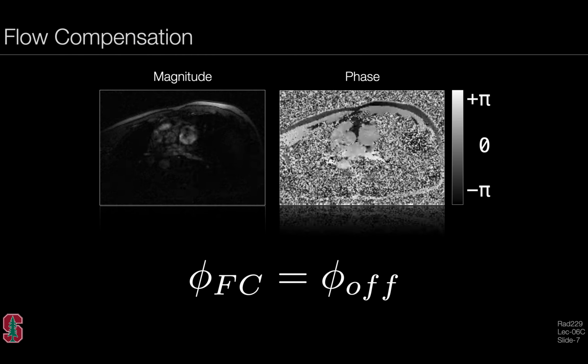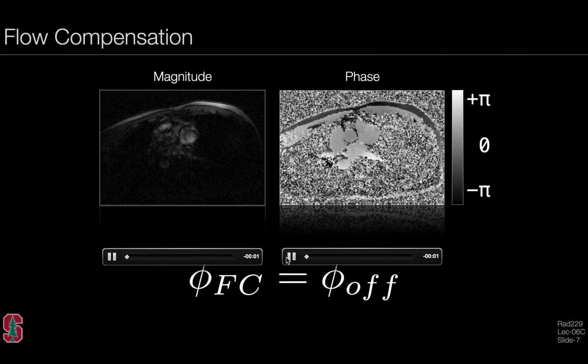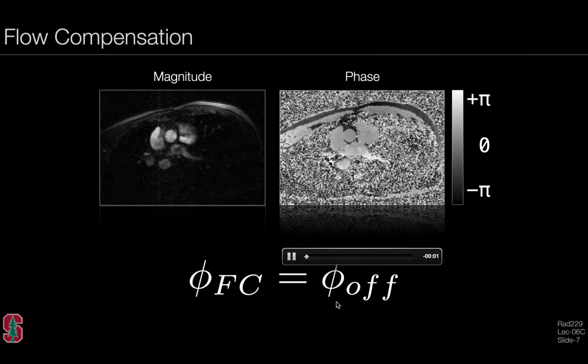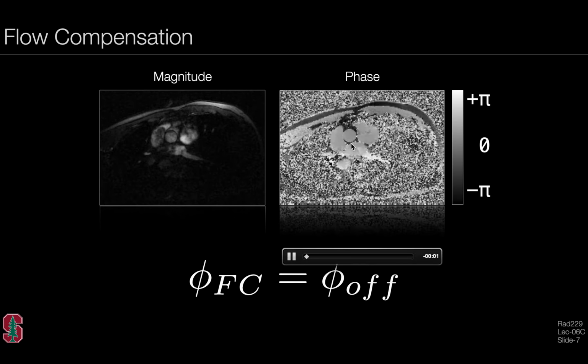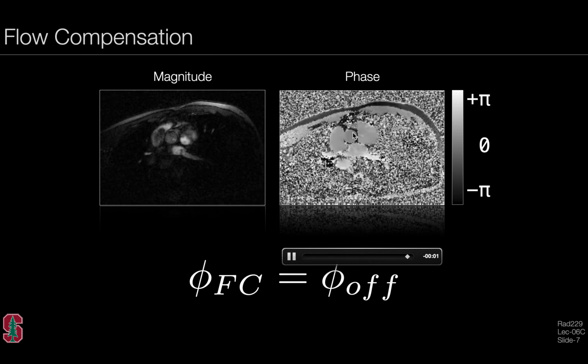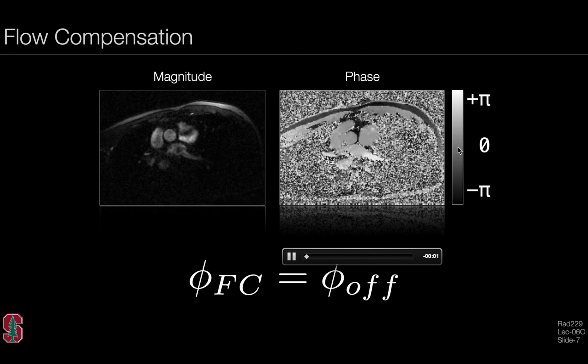So here's the example that we showed in the last lecture, just showing a magnitude image and the phase image for flow compensated gradient waveform. And this will all make a little bit more sense as the lecture gets into the next section here. But what I want you to notice is that in particular in the aorta here, the phase is relatively flat and relatively uniform, and it's relatively zero valued.